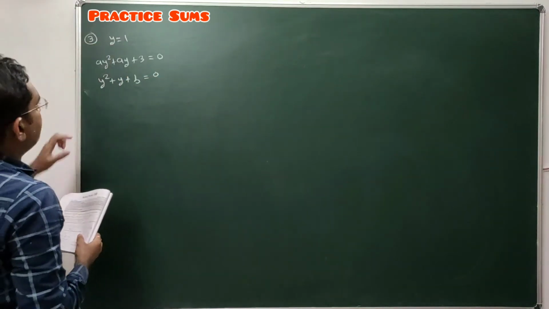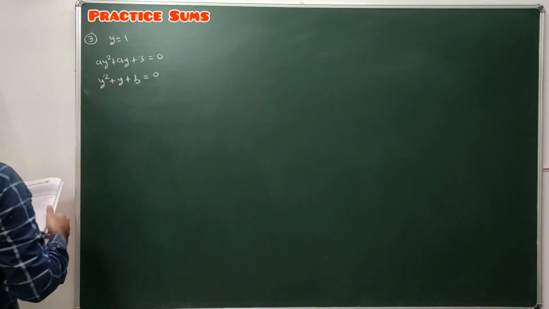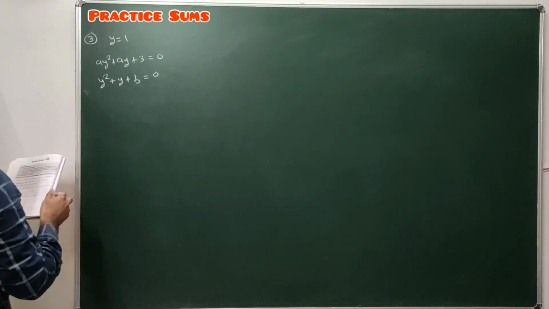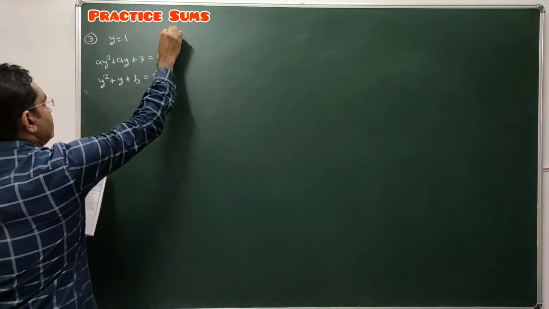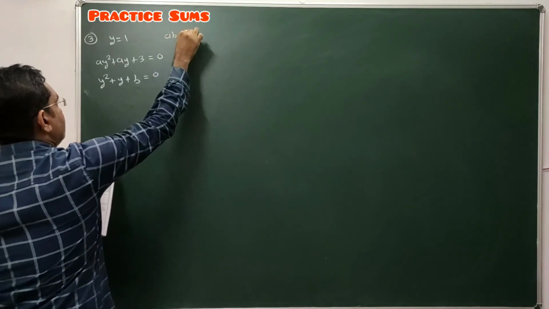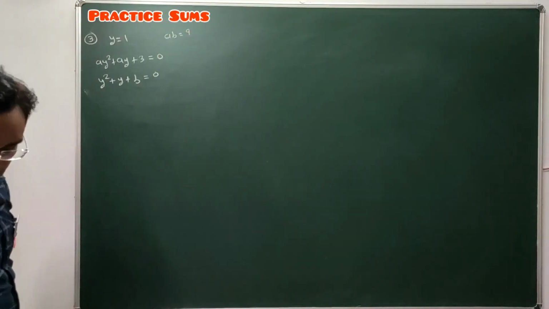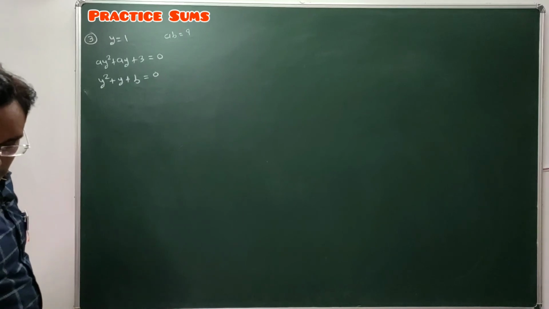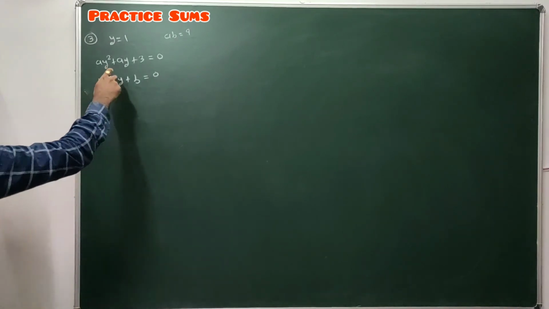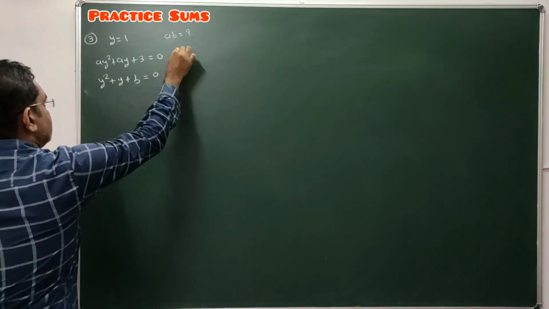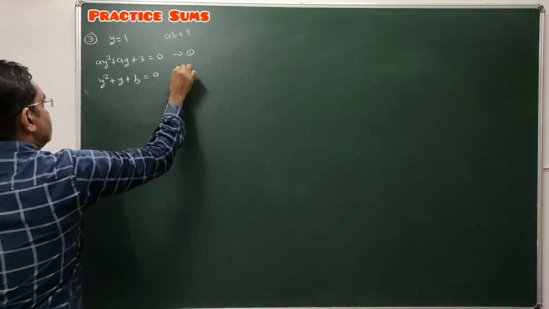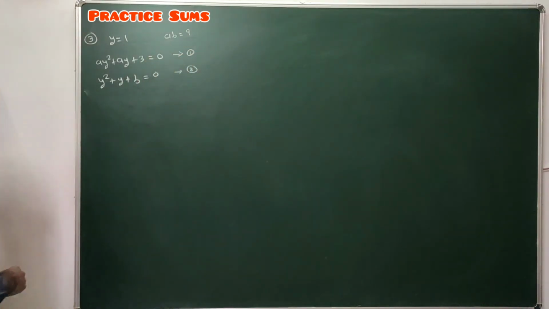This y equal to 1 is the common solution of both the given equations. Then what is the value of a multiplied by b? What is the value of ab is the question.